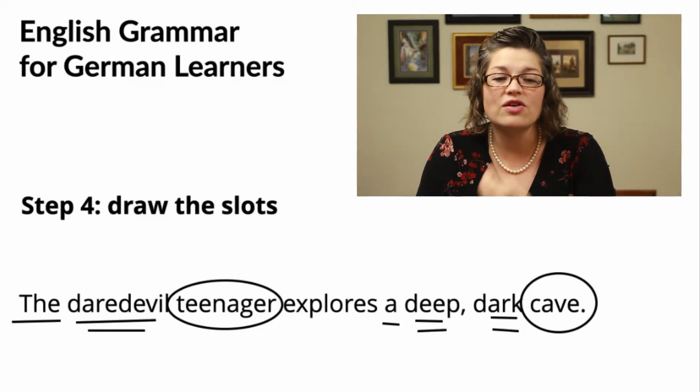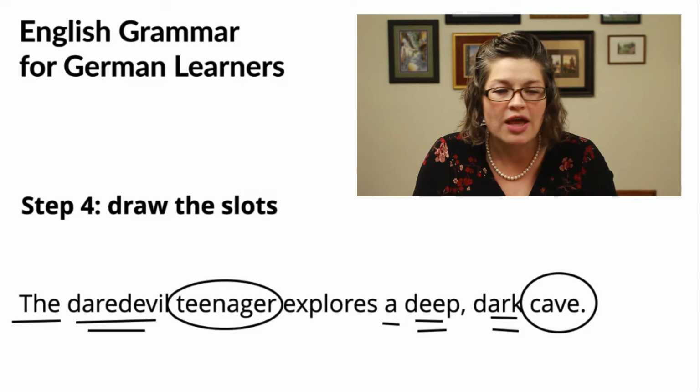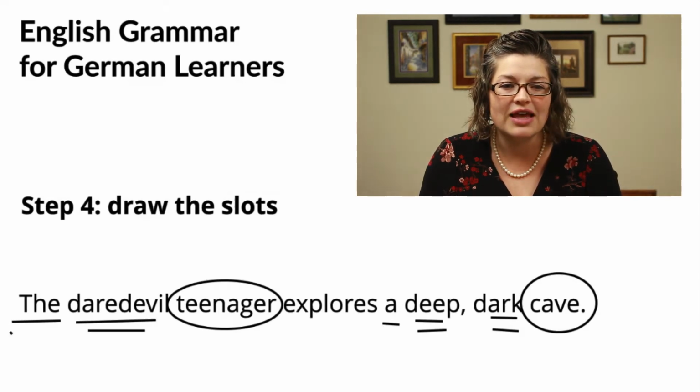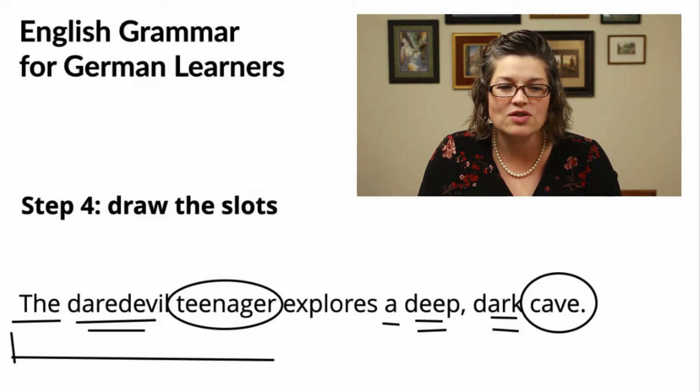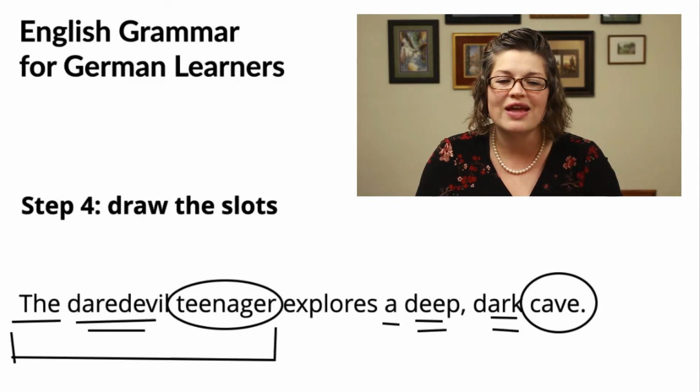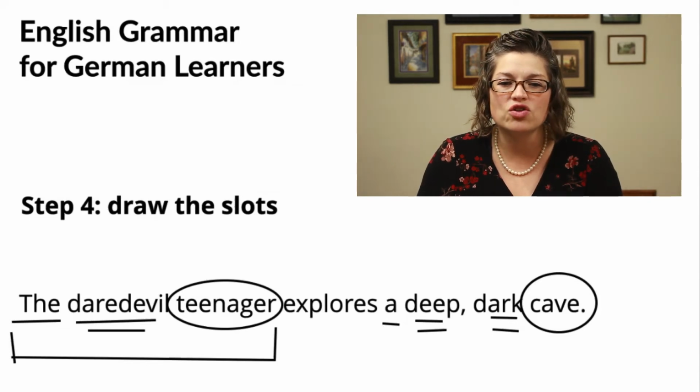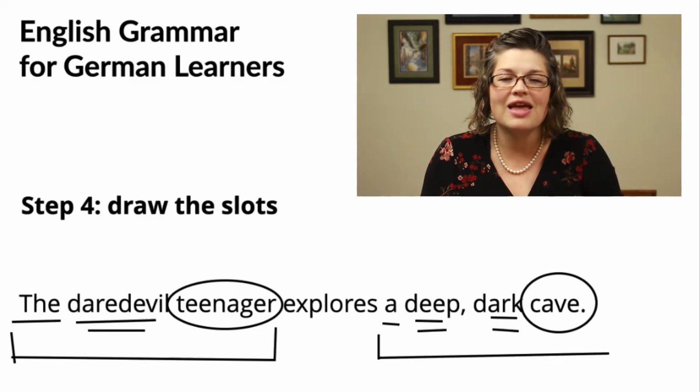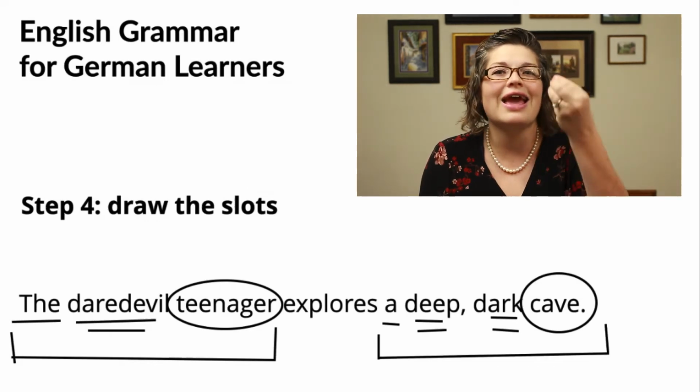So the daredevil teenager, this is a chunk that all has to go together in one slot. Okay, so it's going to look like this. Great. So then cave brings along with it the determiner and the two adjectives deep and dark, and they get coupled together in a slot.